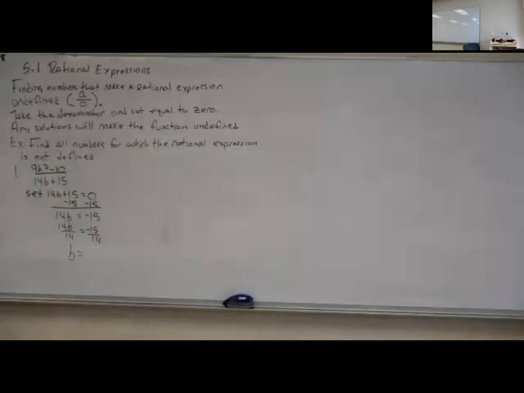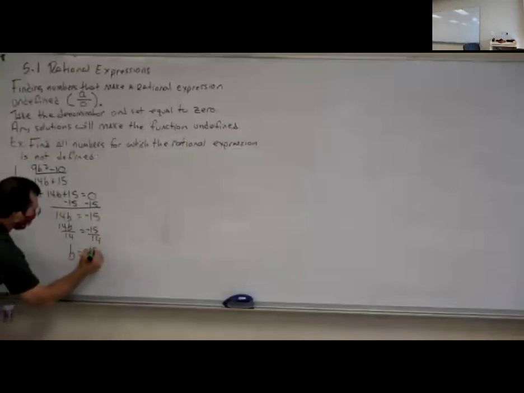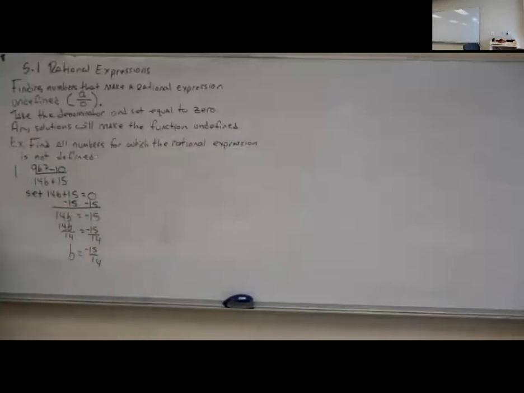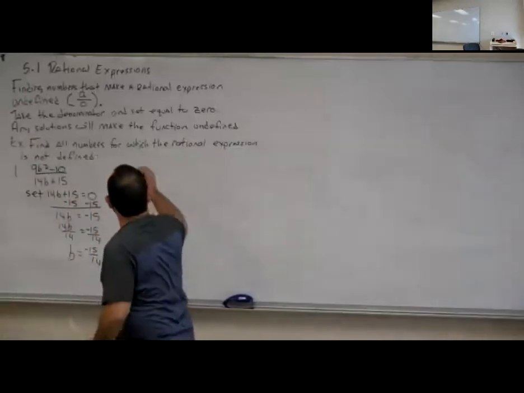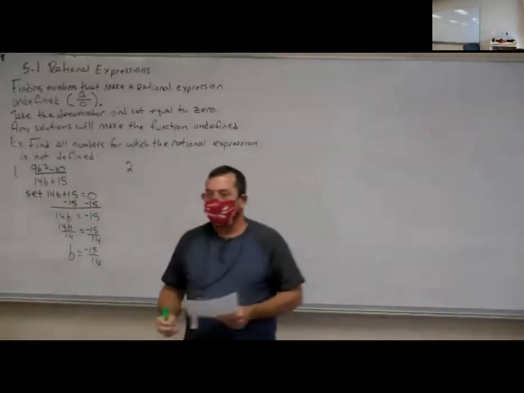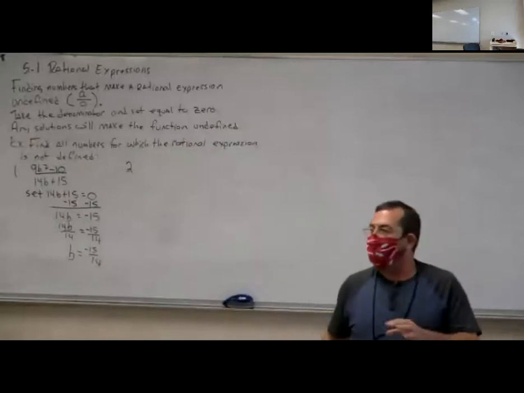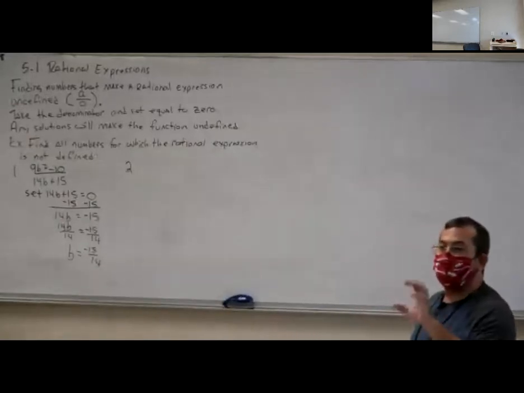Negative 15 over 14, we can't do nothing to that. So that don't simplify. So that'll be our final answer. So the only number that I would have to worry about if I was graphing that would be the negative 15 over 14, okay? So the first 2, you don't have to find domains or anything, just find those numbers.